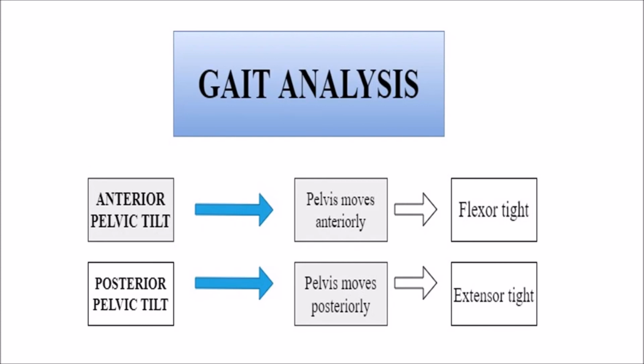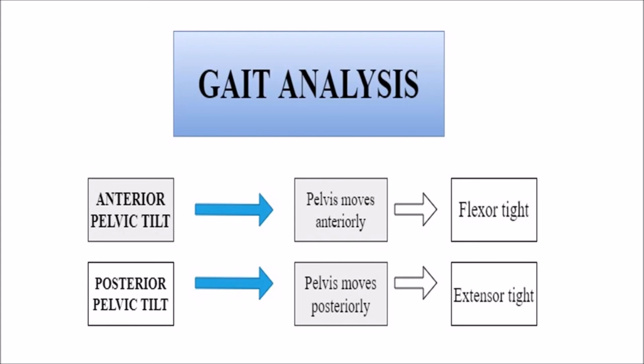In anterior pelvic tilting, the pelvis rotates anteriorly and the pubis moves backward, the extensors become weak due to weakness of the gluteus maximus and the flexors become tight, and the lordosis increases.